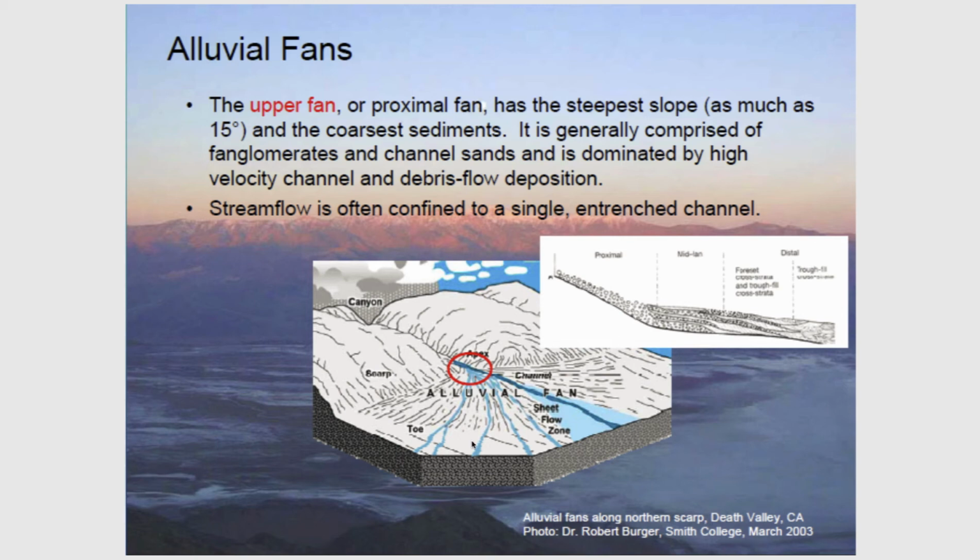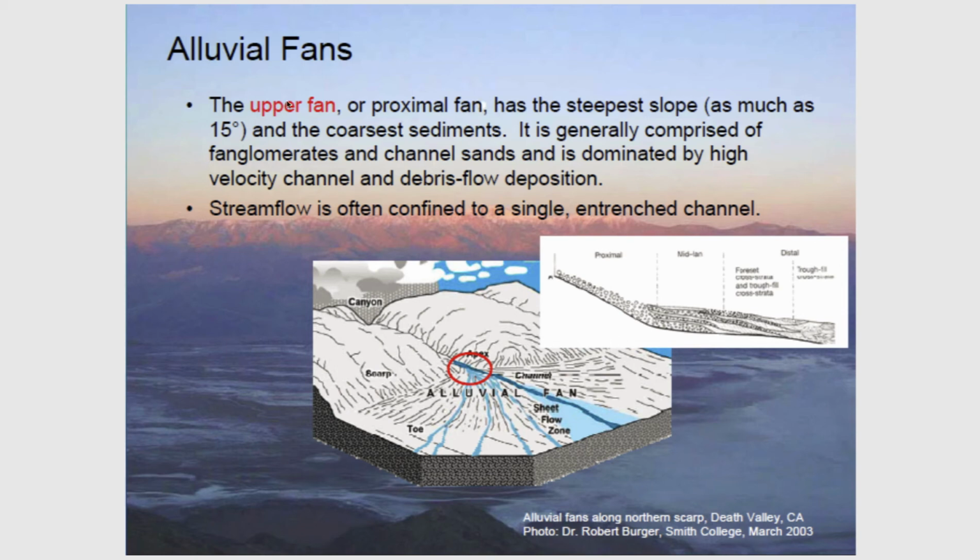Understanding where the apex is important because you know that the coarser fractions will be located in that region. So if you have a paleo alluvial fan, by looking at the stratigraphy, you can understand the distribution of coarser fraction, which again has importance from the standpoint of understanding materials.